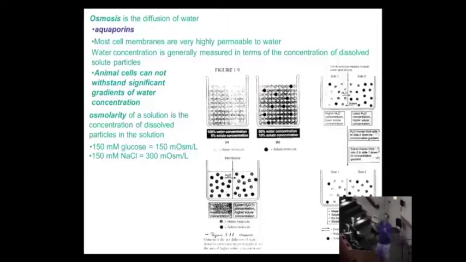So 150 millimolar sodium chloride is actually 300 milliosmoles per liter, because each molecule of sodium chloride becomes 2 particles in solution, okay? If I have 150 millimolar calcium chloride, how many milliosmoles per liter do I have? 450. Good work. Because we have 1 particle of calcium and 2 particles of chloride per molecule of calcium chloride. Okay? Good.